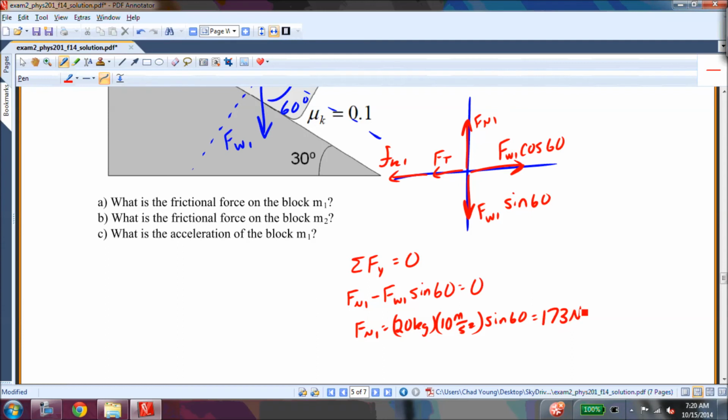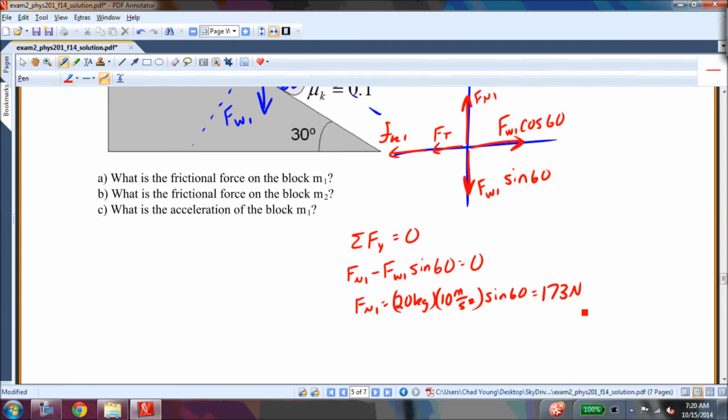All right, so that's my Fn1. And then while I'm here, I can go ahead and find out what is my Fk1, because I know that it's just mu k times Fn1. That's going to be 0.1 times 173 newtons, which is 17.3 newtons.